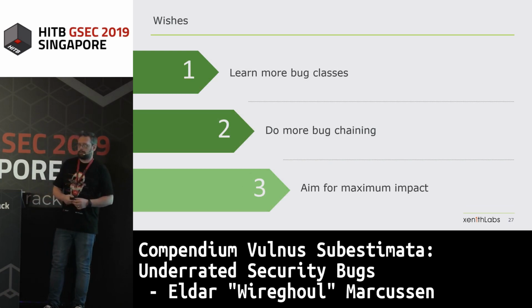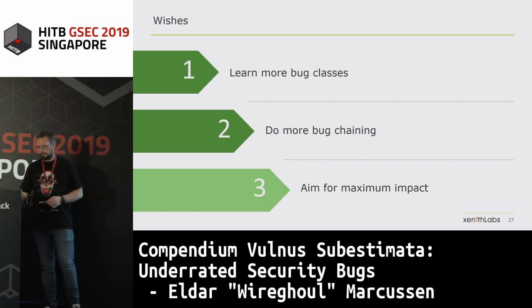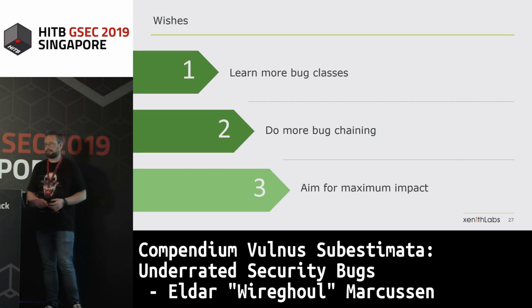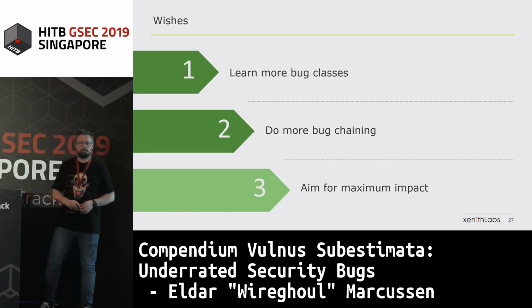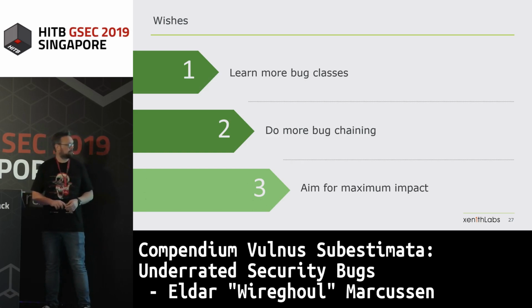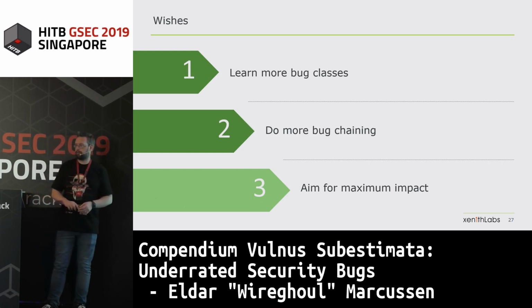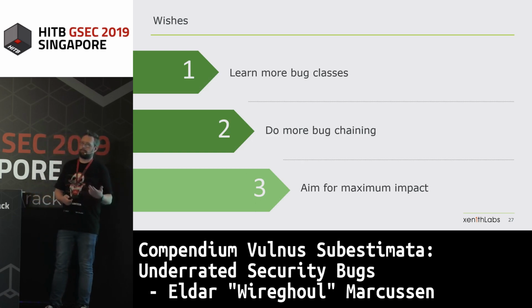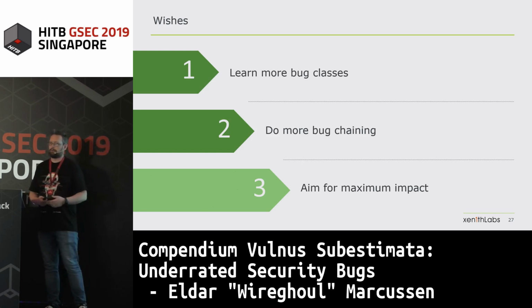So, what do I want you to take away from this presentation? Go out and learn some more bug classes. When you do assess a product or a web service, you do some research, try to chain the bugs together. Sometimes you have to alter the impact that you're trying to get out of a particular bug in order to do this.